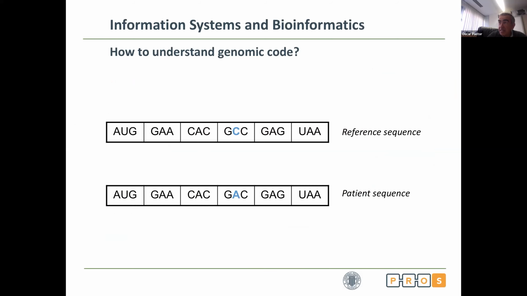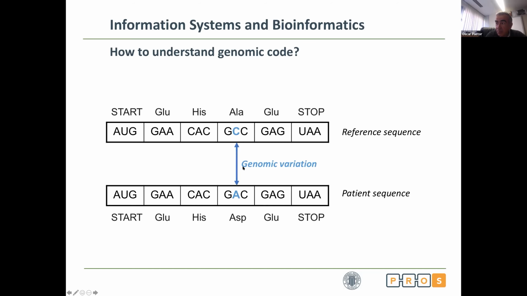Well, the thing is that we want to understand genomic data. We have now a sequence of reference, and we have the sequences of any patient. As I told you before, any of us may do the sequencing exercise. And with this, we have to detect if there is a variation and to interpret the variation.